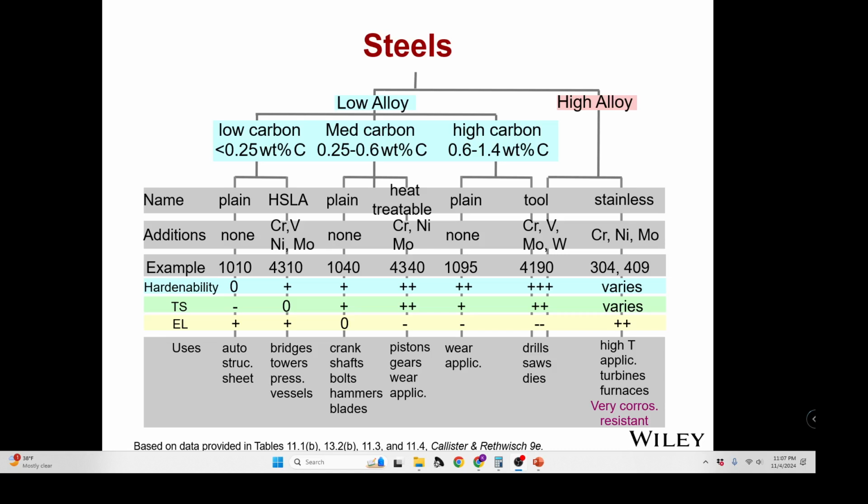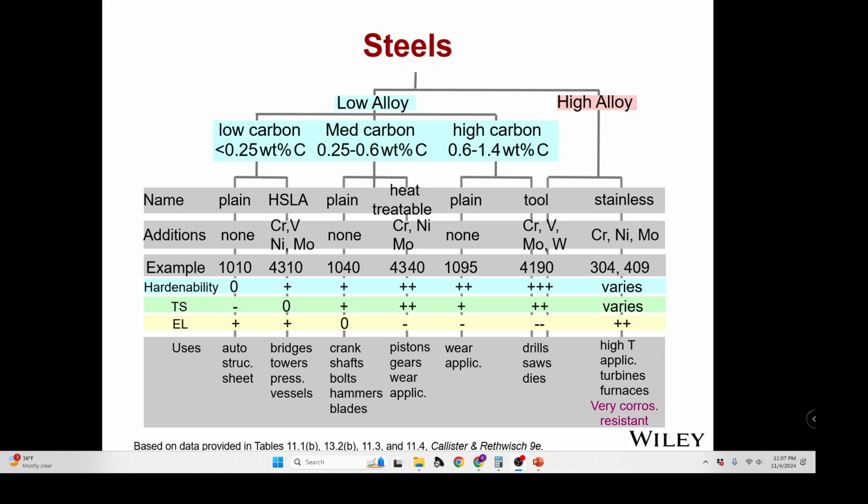They are medium in their tensile strength, and they're good in their ductility, allowing some flex, some stretch in the material, because you don't want bridges and towers and things to fail catastrophically. That would be bad. So the medium carbon is another example of a low alloy. The plain medium carbon, something like a 1040, 0.4% is what that would represent.